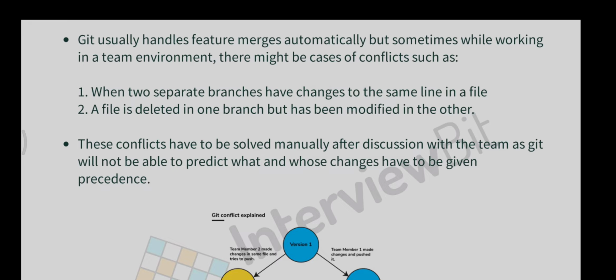Second, a file is deleted in one branch but has been modified in the other. These conflicts have to be solved manually after discussion with the team, as Git will not be able to predict whose changes have to be given precedence.